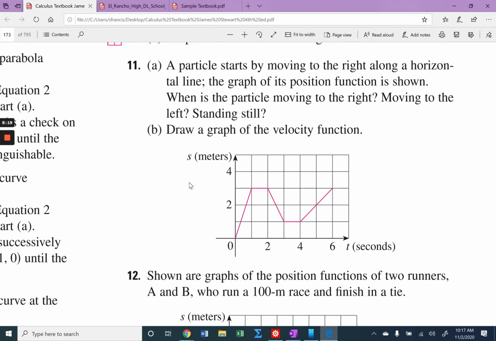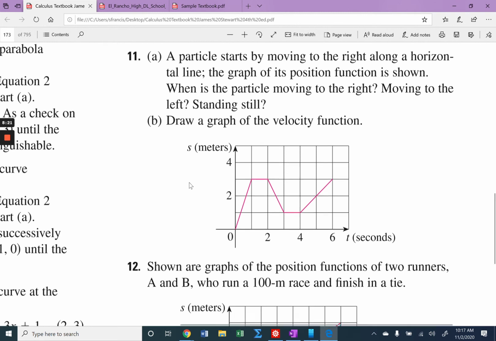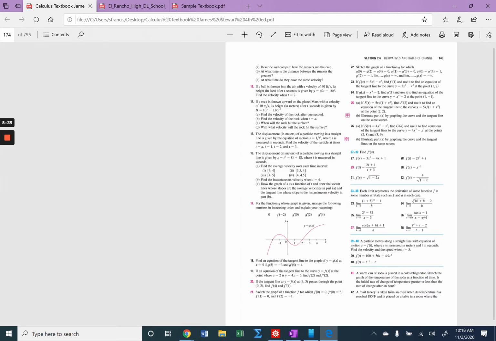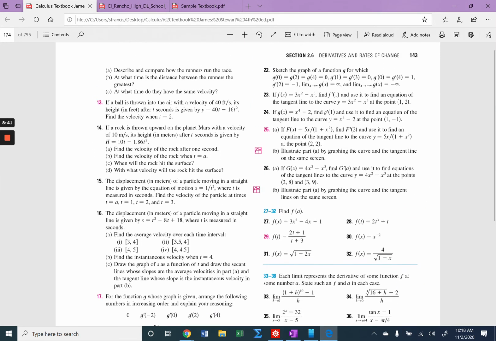Let's squeeze one more into this video if we can. Number 12: shown are graphs of the position function of two runners, A and B, who run a 100-meter race and finish in a tie. Looks like we have to go over to the next page for the questions. Describe and compare how the runners race.